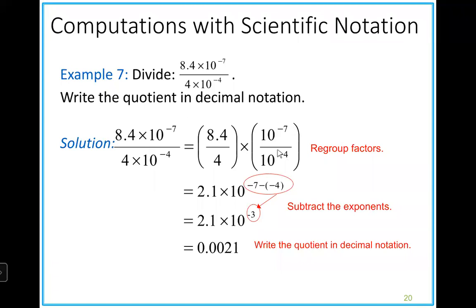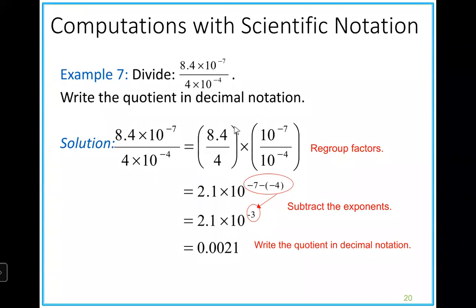Then the exponent portion, 10 to the minus 7 divided by 10 to the minus 4: you subtract the powers, so that's 10 to the minus 7 minus negative 4. Negative 7 minus negative 4 is the same as negative 7 plus 4, which gives you negative 3. So 2.1 times 10 to the negative 3 is the scientific notation of your answer.